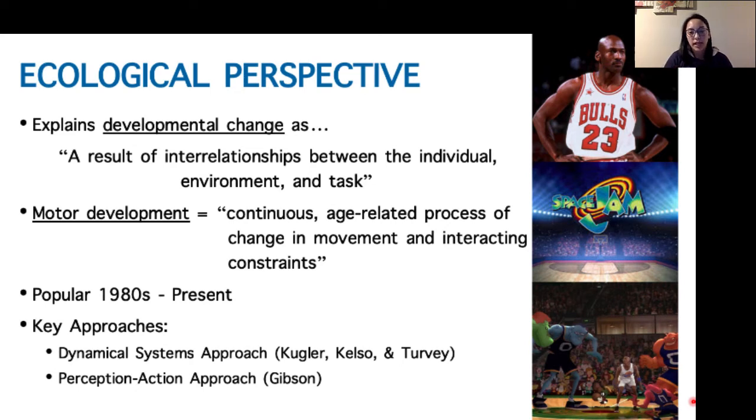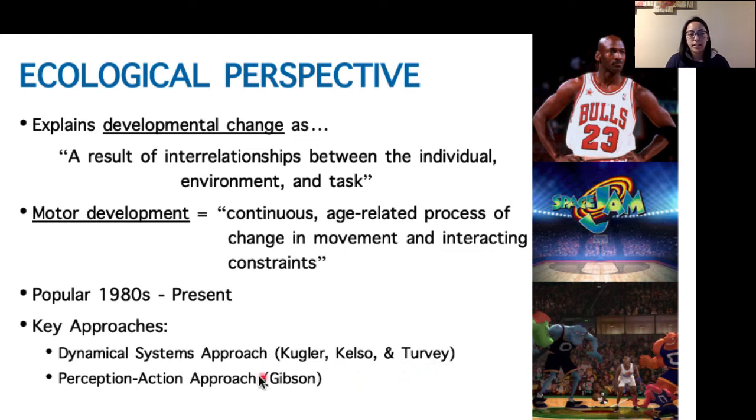So the ecological perspective takes some of the pressure and the workload off of this idea that we have a central processor that has to do everything. There are two branches of the ecological perspective. There's the dynamical systems approach, which is more concerned with motor control and coordination. Primary people involved are Kugler, Kelso, and Turvey.